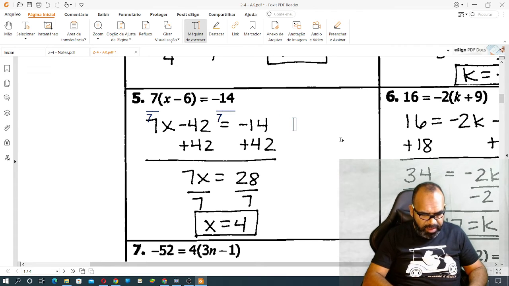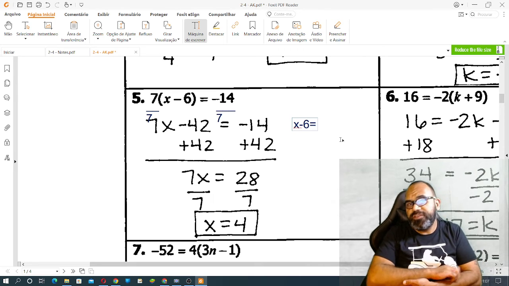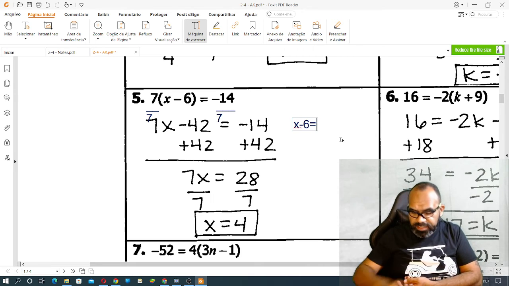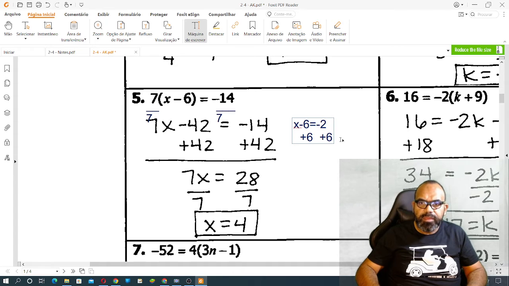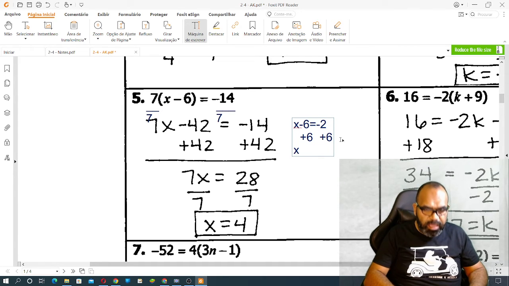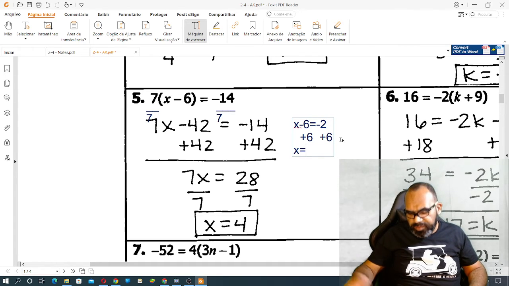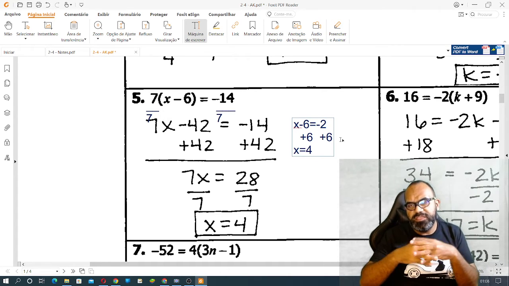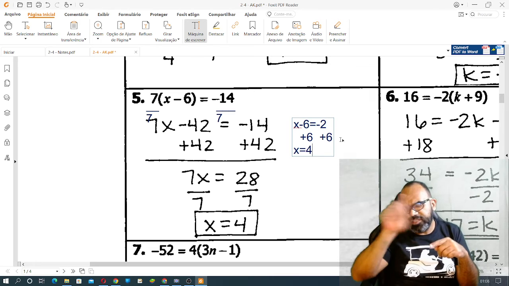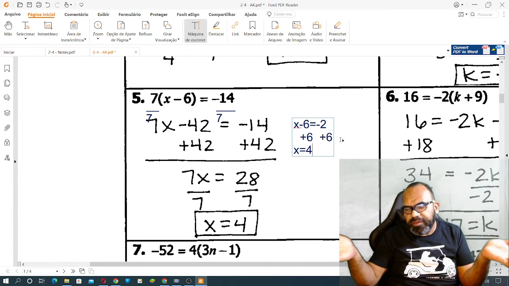Here I left over x minus 6 equals negative 14 divided by 7, which is negative 2. Great. What is the opposite to subtract 6? It is add 6 here, add 6 here. X equals negative 2 plus 6, 4. As you notice, it's the same answer as you got at the distributive property, okay? If you are distributing, it's the same thing.